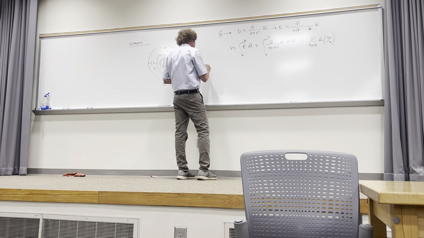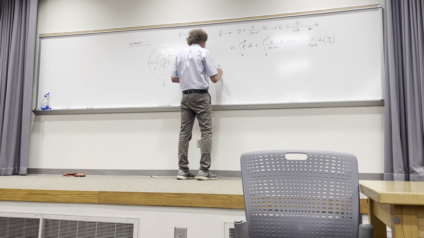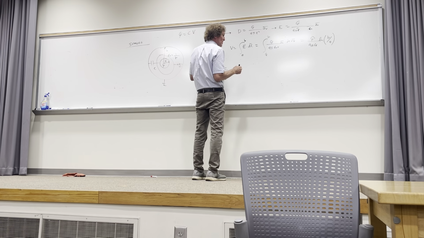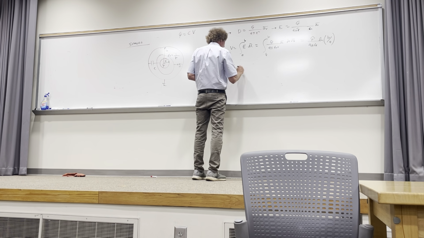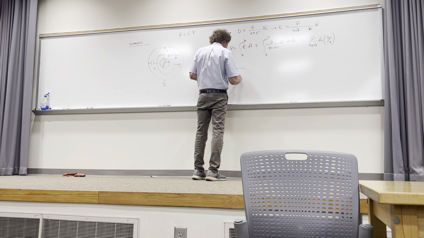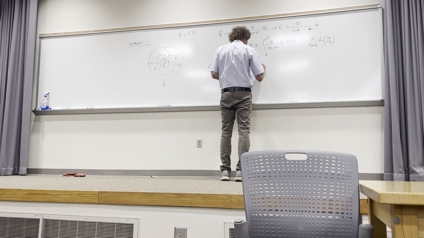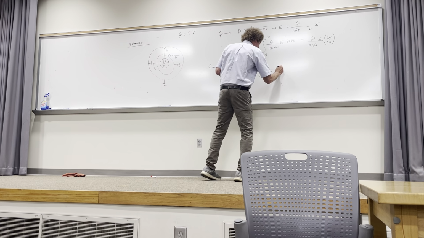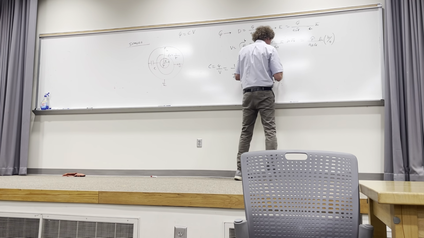So when I calculate capacitance as Q over V, Q just goes away, and I'm left with 1 over 4 pi epsilon naught times the natural log of B over A, or really 4 pi epsilon naught over the natural log of B over A. And that would be the capacitance, and it would be in farads.